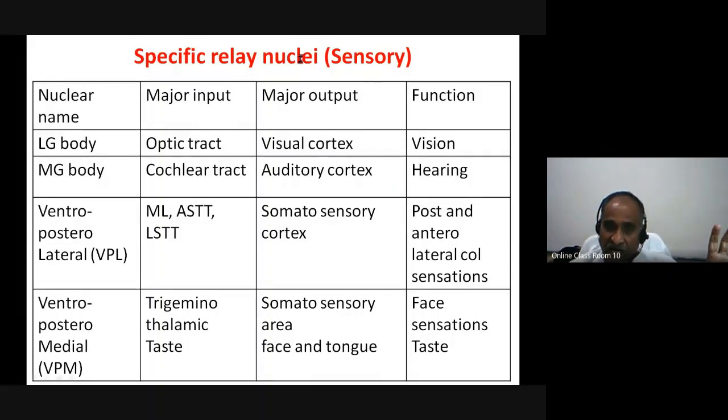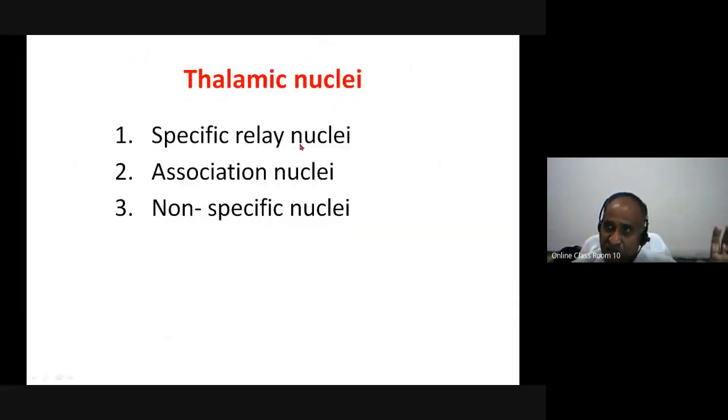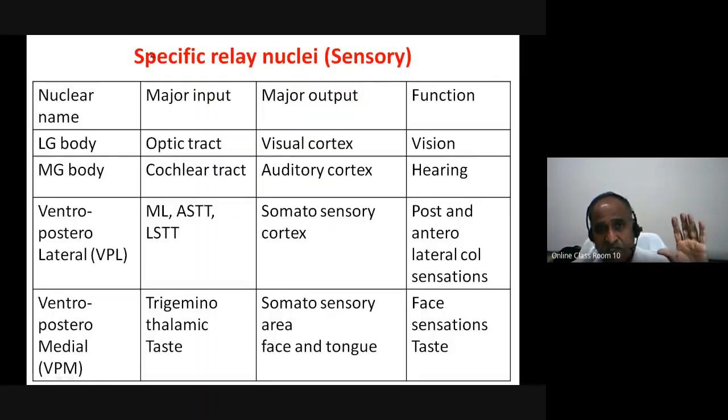I have classified them into specific relay nuclei, the association nuclei, and the non-specific nuclei. The specific relay nuclei are concerned with the sensory component, because the thalamus performs both sensory and motor functions. Now let us see what the specific relay nuclei for the sensory component are.